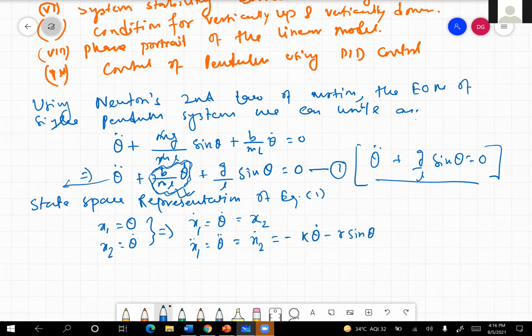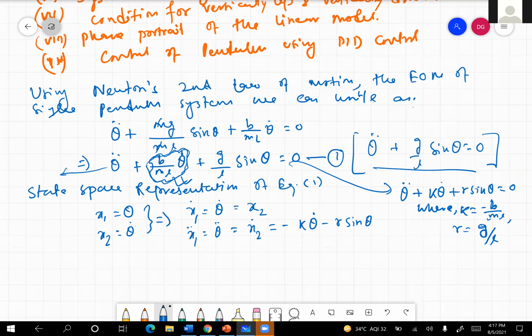So I have reduced this equation into a suitable form: theta double dot plus k theta dot plus r sine theta equal to 0, where k equal to b by m, b is your damping coefficient, L is the length of the pendulum, and m is the mass of the pendulum, and r equal to g by L. So this is the gravity constant, and L is the length.